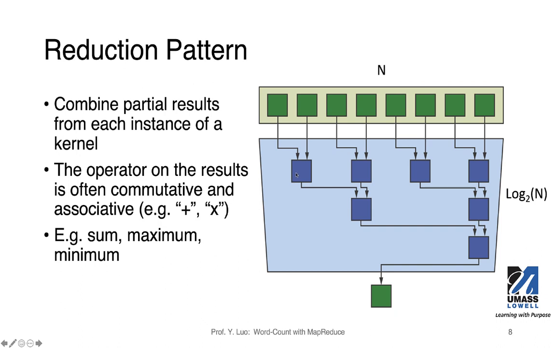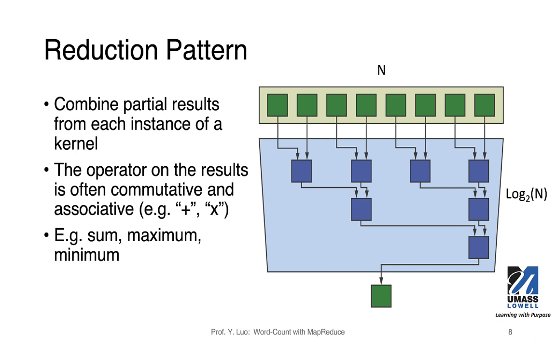And this reduction phase can go on for several iterations, so that will reduce the number of outstanding numbers to be merged, to be reduced, to the final result through multiple steps. And the number of steps will be log n, n being the number of partial results given to the reduction phase.